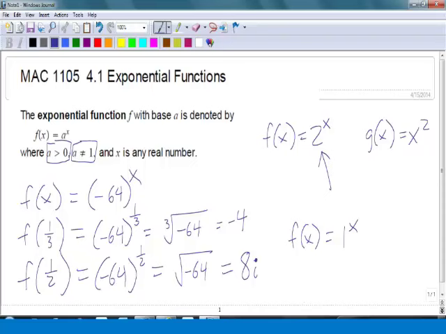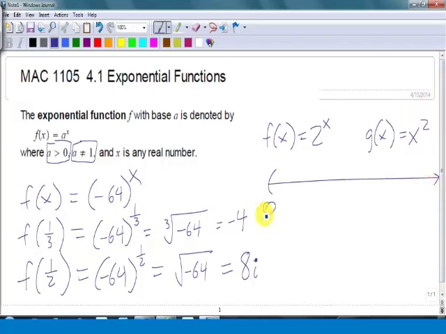So if the base is positive, and if the base is different from 1, then a to the x power is an exponential function. And what we'll see in a little bit is that we'll be able to further subclassify these exponential functions. Think about what numbers are positive and different from 1.